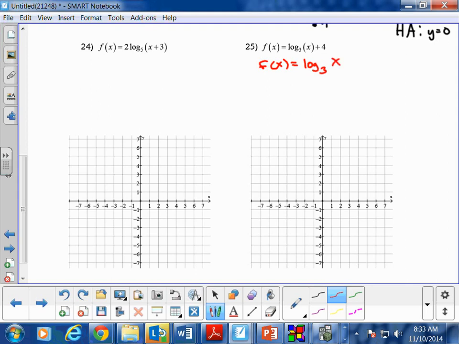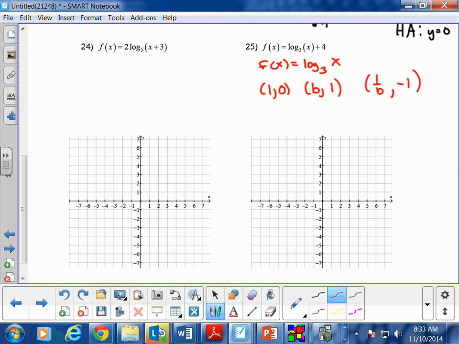With logarithmics, you always have 3 basic points. You always have the point (1, 0), the point (b, 1), and the point (1/b, -1).